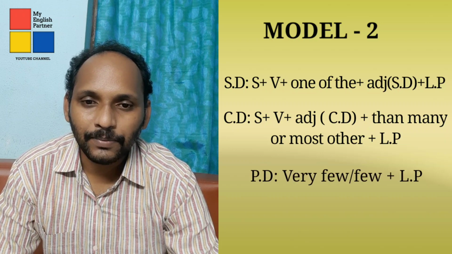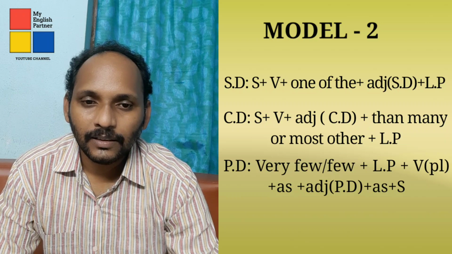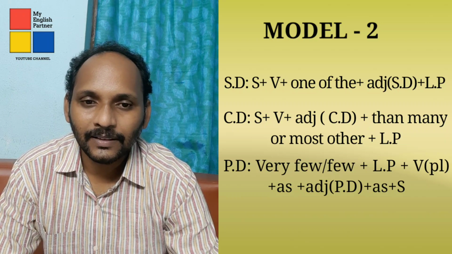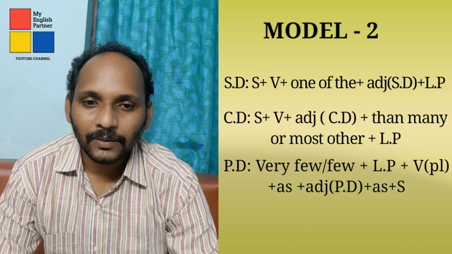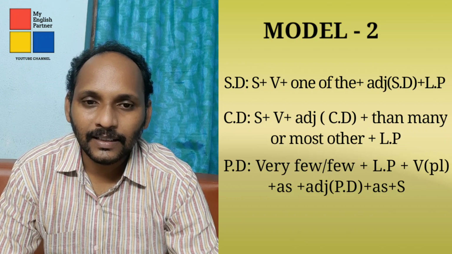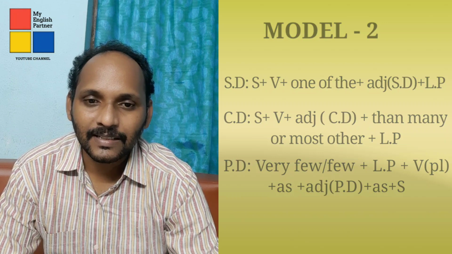Positive degree begins with "very few" or "few," last part of the sentence, plural form of the verb, then the positive degree of the adjective between "as" and "as," then at the end the subject. So these are the structures.